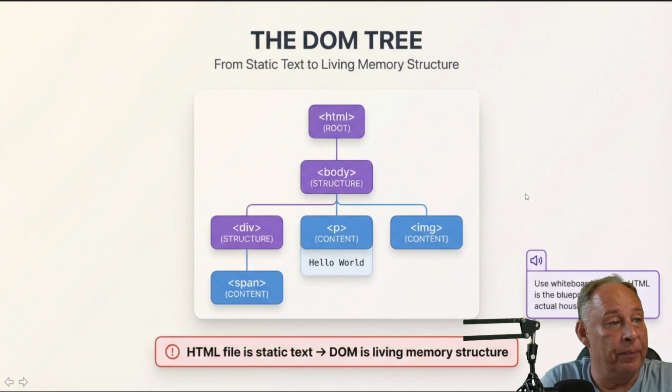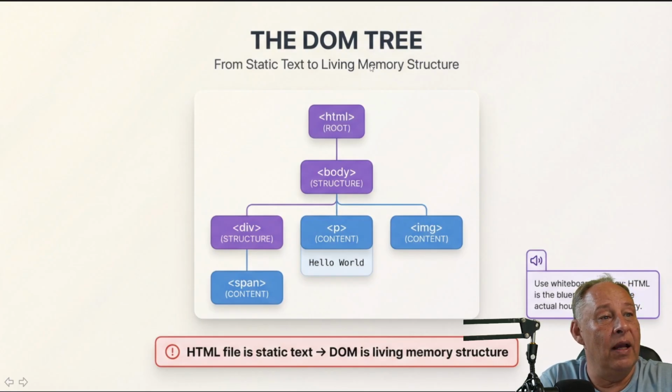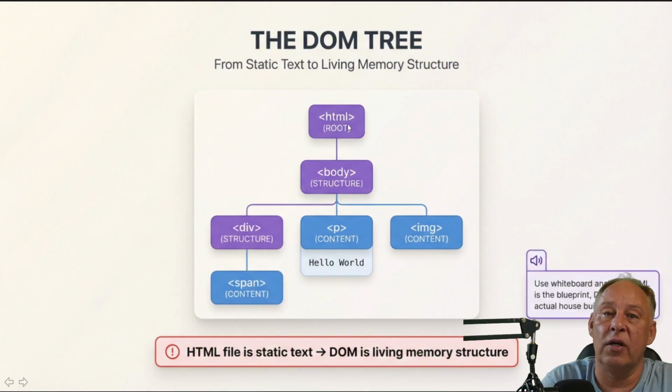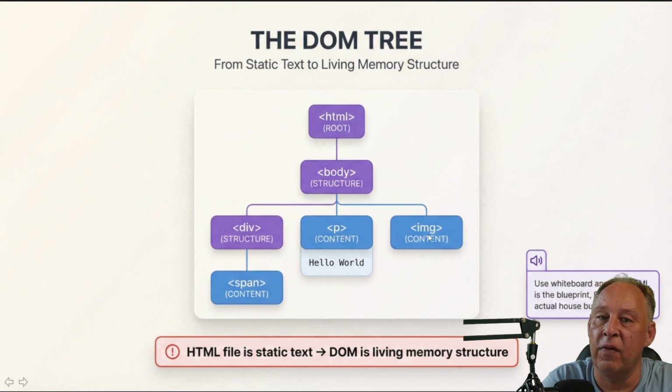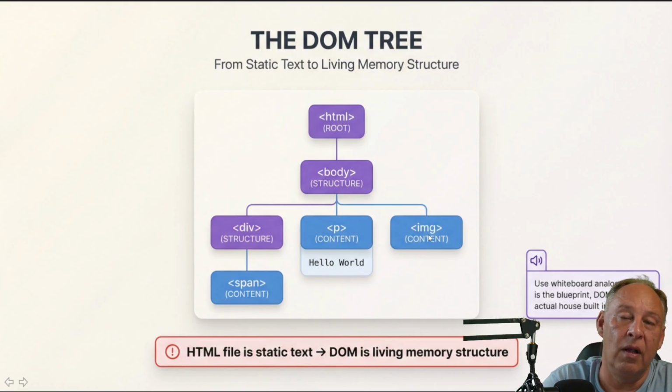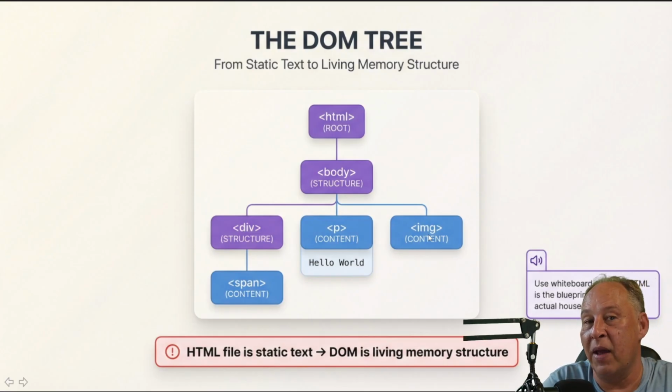So the DOM tree, now this is the whole structure of your website that is in memory and that is displayed in your browser. Now, why this is important is that as technologies moved on, instead of having to refresh your whole web page by saying refresh, I can change this image on the fly by changing it in the memory that then will change it automatically on the page that you see.